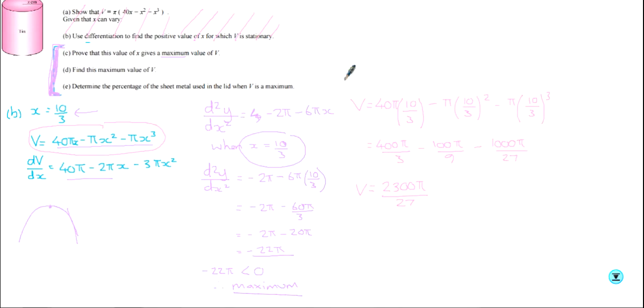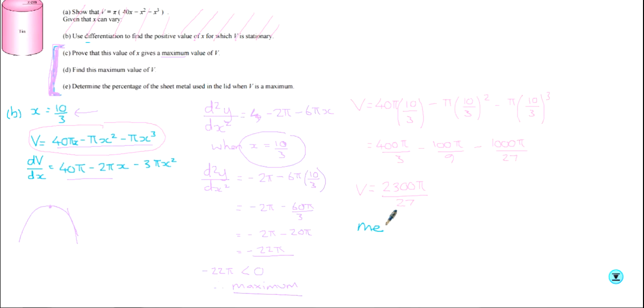So if we ignore the fact that it says maximum at the moment, the percentage of the sheet metal would be how much of the tin, how much of the lid did we use out of the 80 pi? But you have that expression. That expression you will have on your paper in front of you, hopefully. I'll just write it from the previous video.